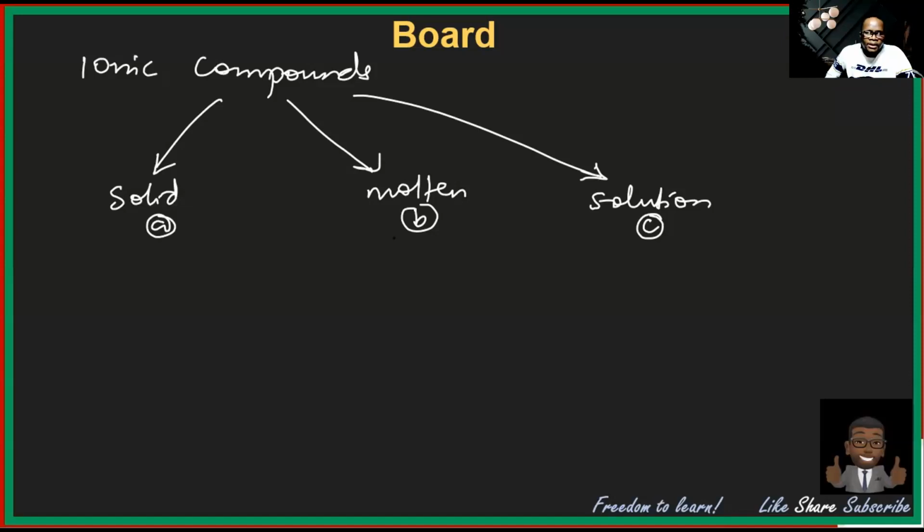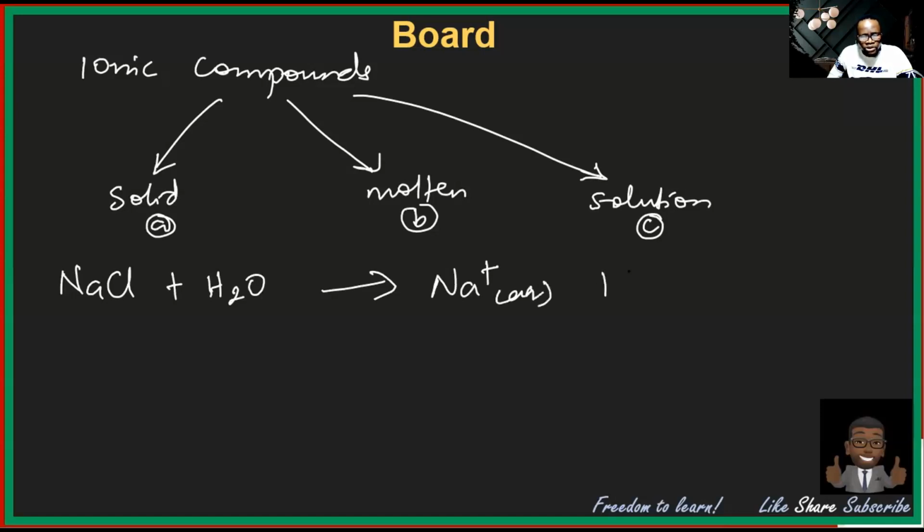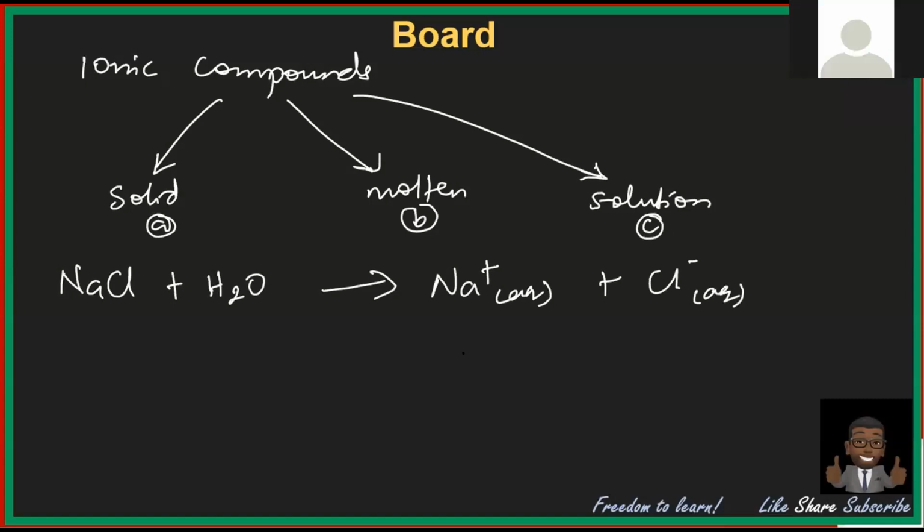Having established that, let's see an ionic compound, sodium chloride. If it is dissolved in water, we want to see all the ions that will be there. You have Na+ aqueous plus Cl- aqueous. This simply means that the ions are solvated by water, surrounded by water molecules.